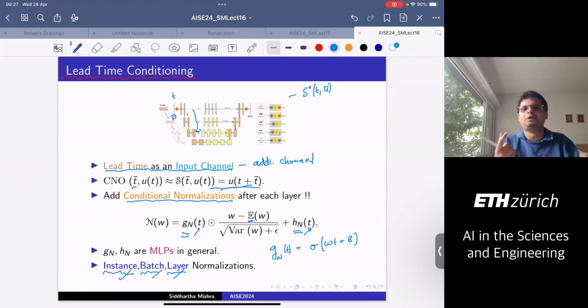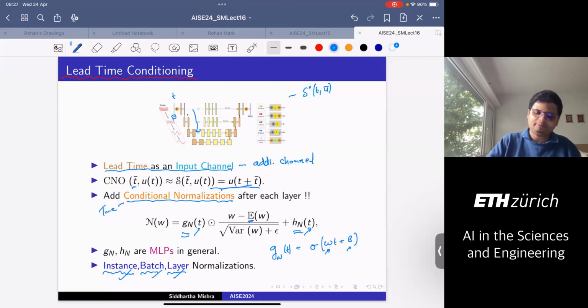These are small neural networks, small MLPs, and these are learnable parameters, of course. You learn them along the process so that you allow the machine learning algorithm to discover its own normalizations. So this is a very simple trick. Remember that every deep learning architecture has these kinds of normalizations, and you just condition them with time. That's why these are called conditional normalizations or time conditional normalizations.